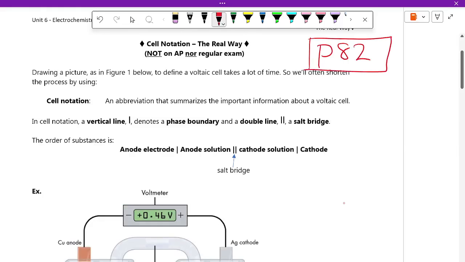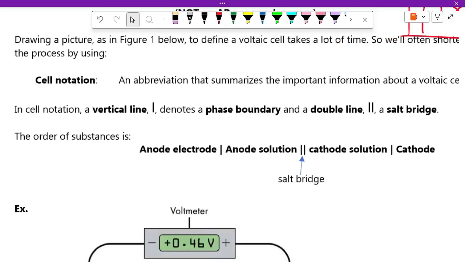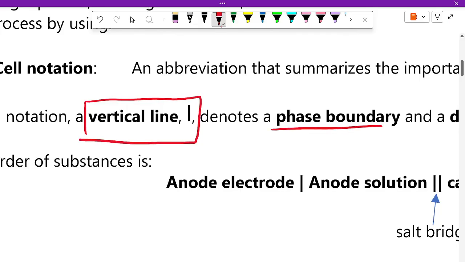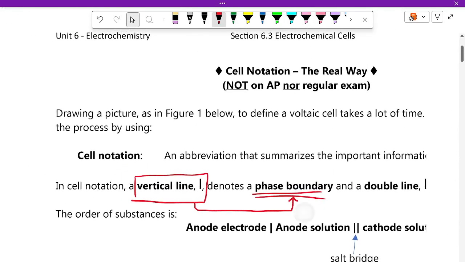Because in AP, you will see cell notation, okay, for sure. And in cell notation, a vertical line represents a phase boundary. What is a phase?